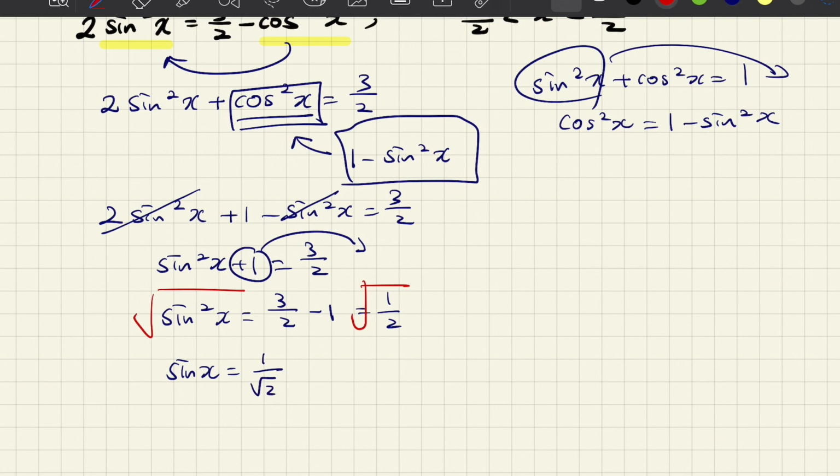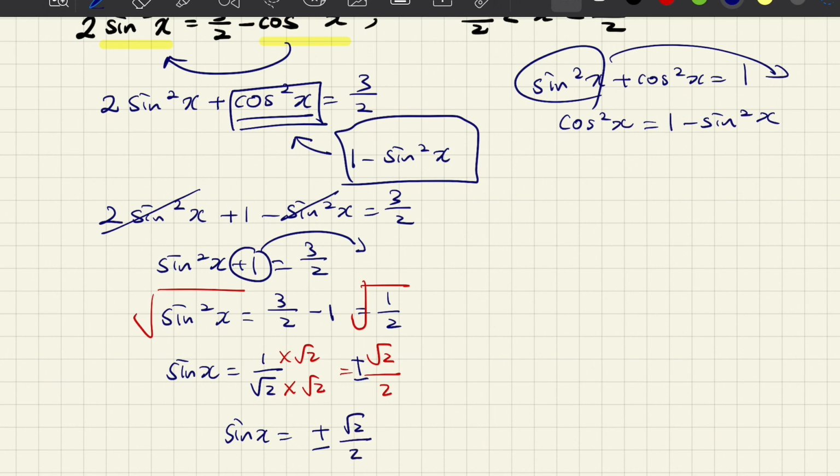Since we cannot have radicals in the denominator, we have to change the format of this answer. Then we get the final answer as square root 2 over 2. And don't forget the plus minus. So sine x is equal to plus minus square root 2 over 2.